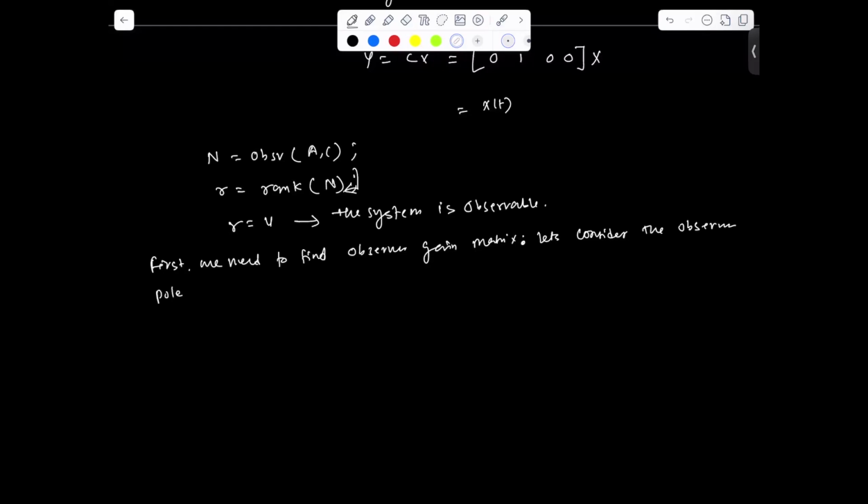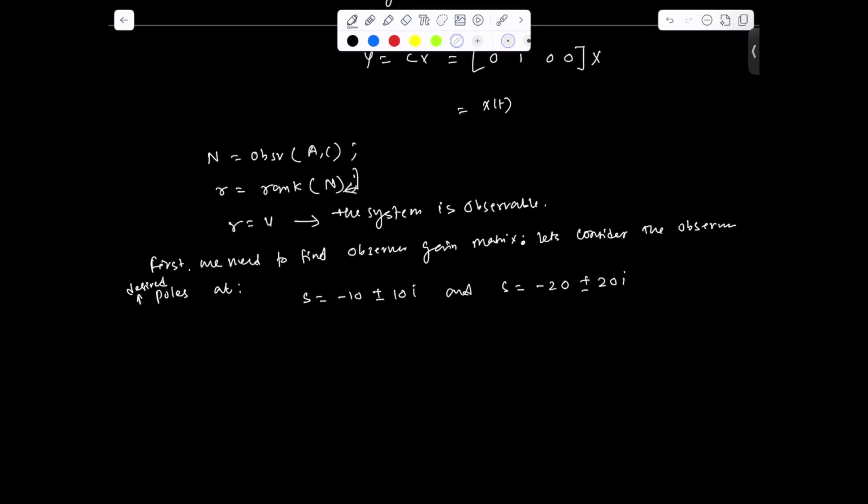So let's consider the observer desired poles. The desired poles are -10 plus minus 10i, and -20 plus minus 20i.